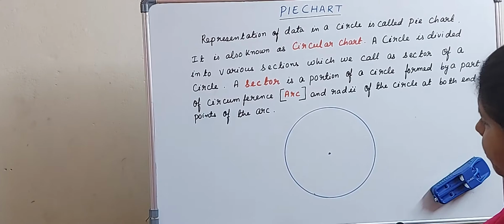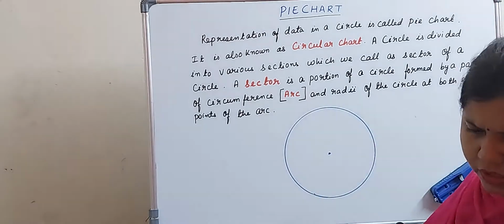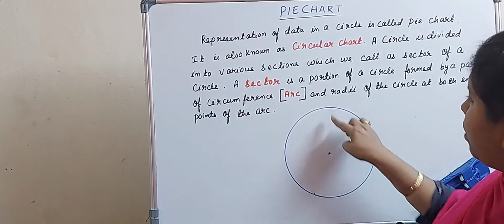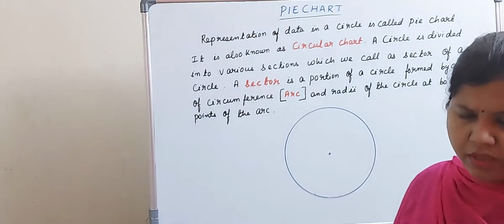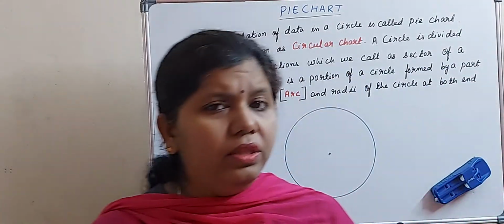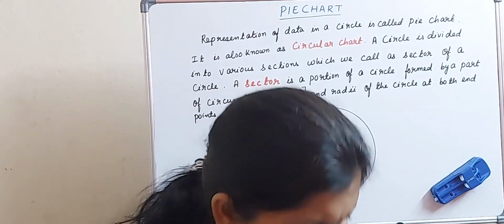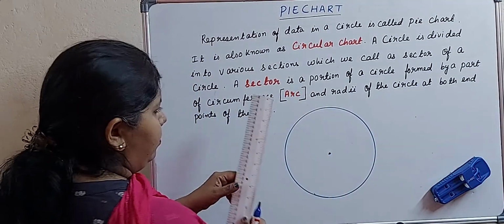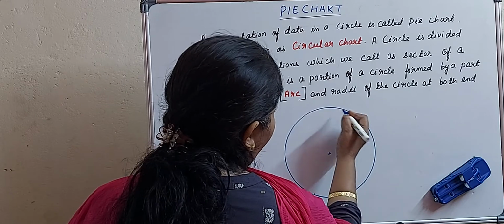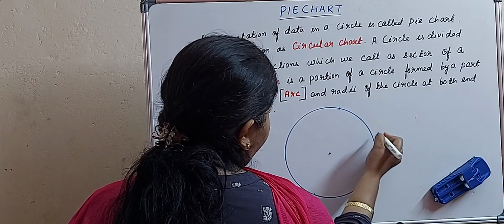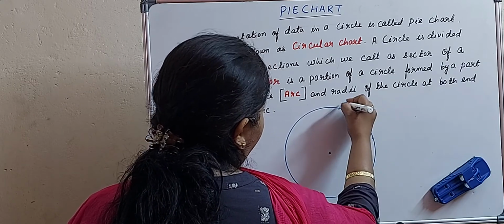Now from the center of the circle you have to draw two lines towards the circumference. Why are we doing this? We are doing this because we have to make the sector. Suppose our sector depends on this arc AB.